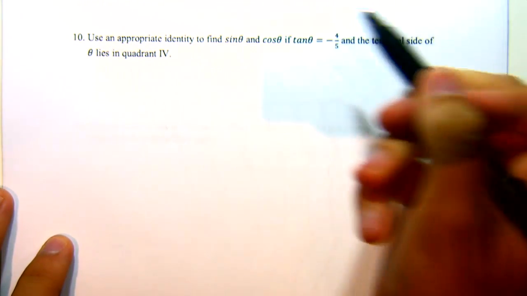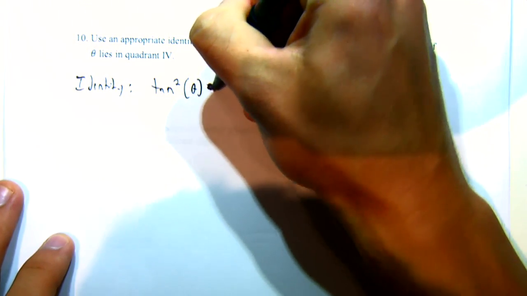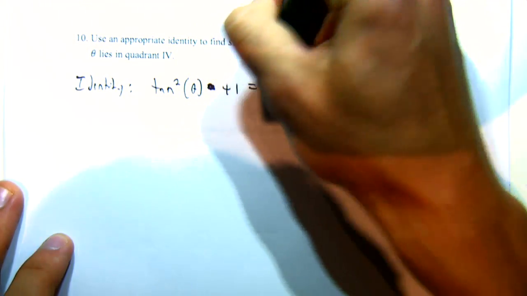Since it's asking us to use an identity, we can do it another way, but here we just want to focus on learning this identity. So we have the following one, where tangent squared theta plus 1 is equal to secant squared theta.